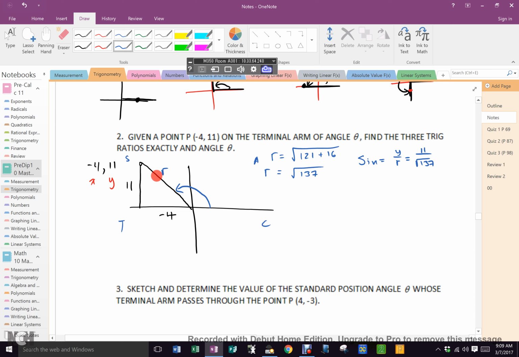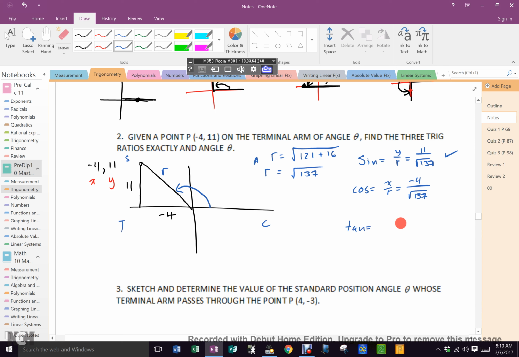Is that the sine positive quadrant? Yep. So are we right? Yep. What's cos? X over r. What's my x value? -4 over root 137. Right? That's a negative value. Should cos be negative here? Yeah, so we're still right.